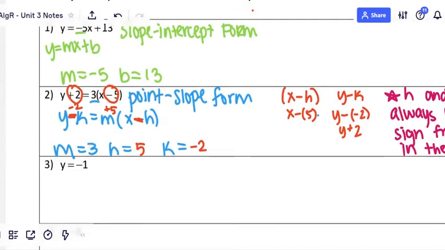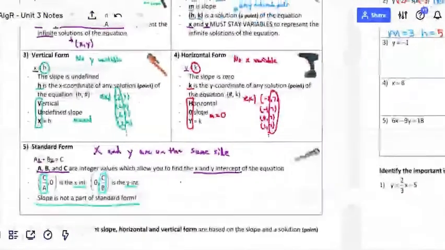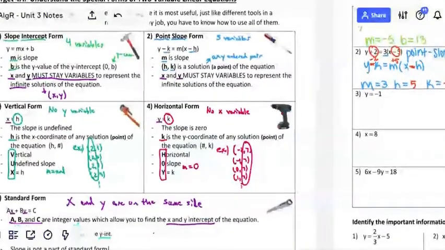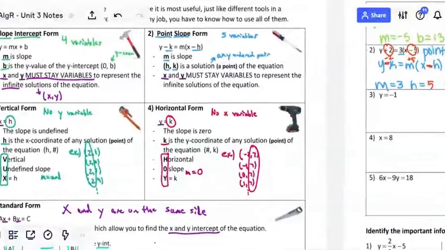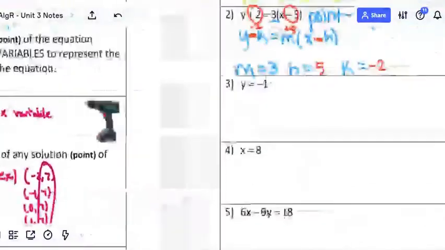Okay, our next example is y is equal to negative 1, so I have y by itself. And the only formula that has y by itself equal to a constant is horizontal form. In horizontal form, I want to be able to identify what k is. So it's y equals k. And I also want to be able to identify what the slope is. Well, if I think about horizontal form, my line is a horizontal line. And what is the slope of a horizontal line? 0.